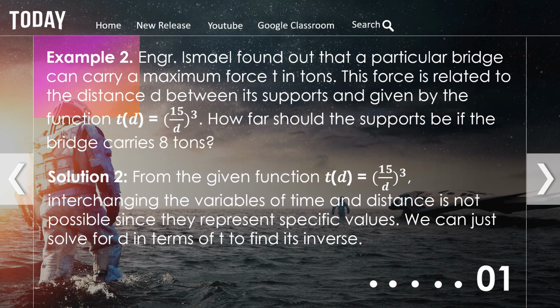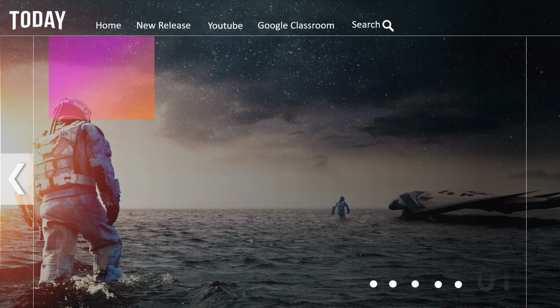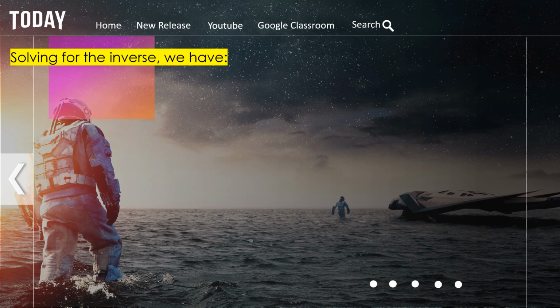So from the given function, which is T of D is equal to 15 over D cubed, we need to cube root both sides.